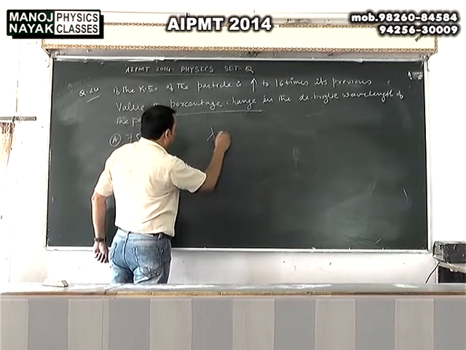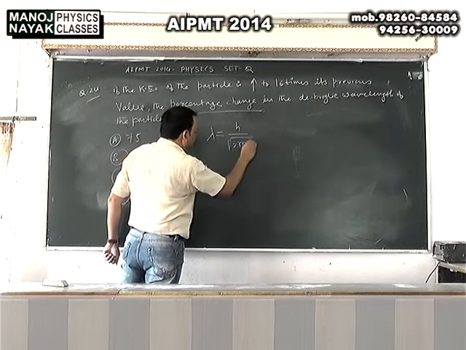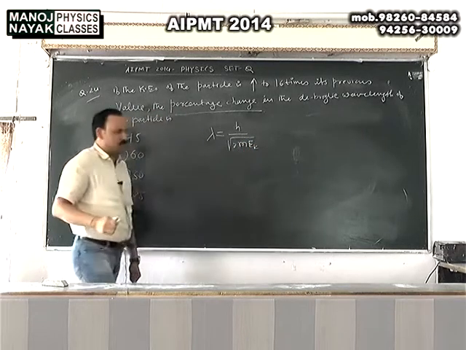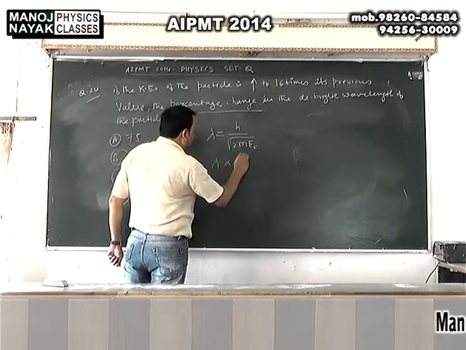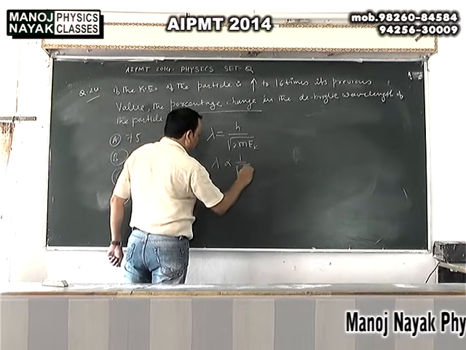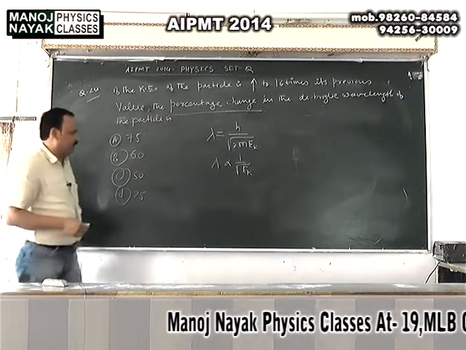You know the de Broglie wavelength lambda equal to h upon √(2m Ek), where Ek is kinetic energy. Lambda is inversely proportional to root Ek, kinetic energy.